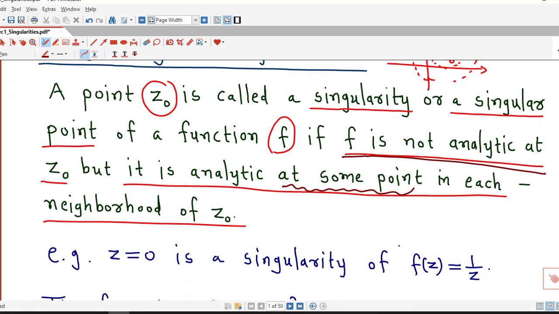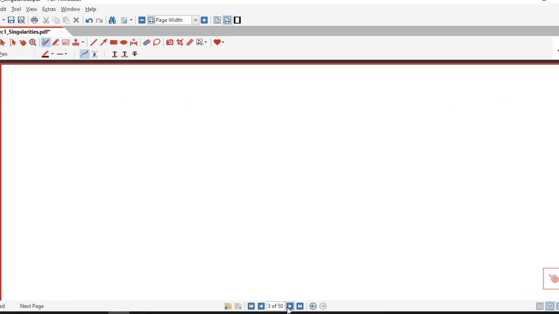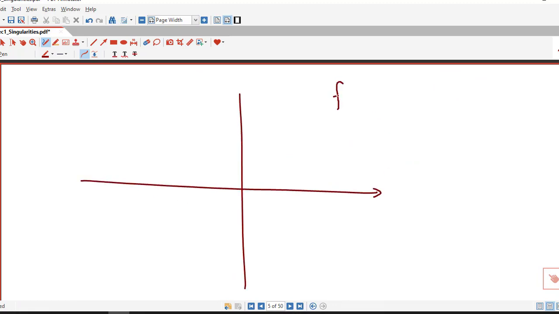For example, consider the function f of z equal to 1 by z. We know that this is not analytic at z equal to 0. So there are chances that z equal to 0 is a singular point of this function.